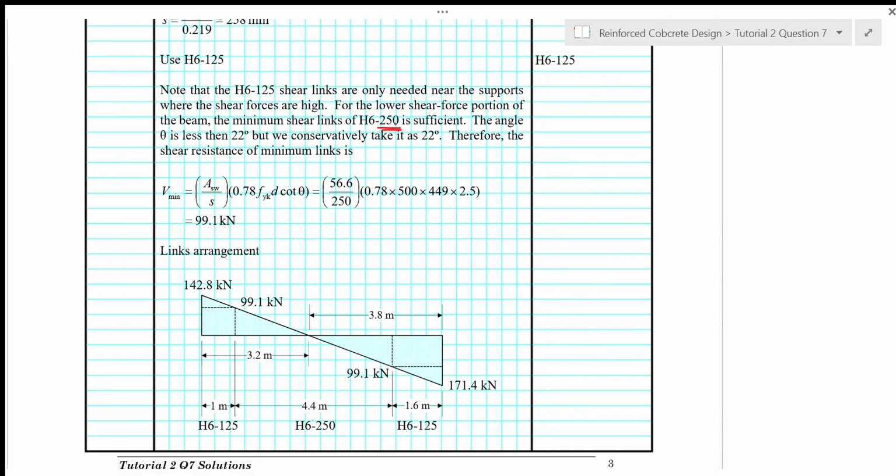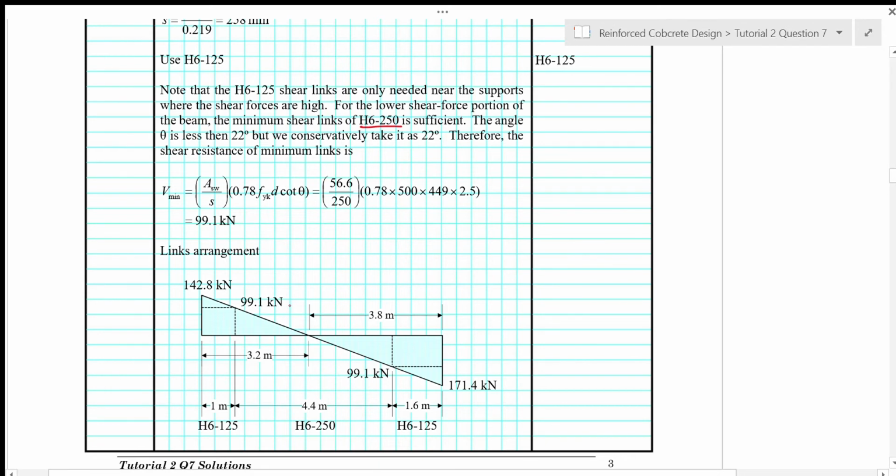So the angle theta is less than 22 degree, but we conservatively take it as 22 degree in our calculation. Therefore, the shear resistance of minimum links is given by this expression here, which gives V min is 99.1 kilonewton. So meaning that when the shear force is 99.1 kilonewton or less, we can use H6 at spacing of 250.